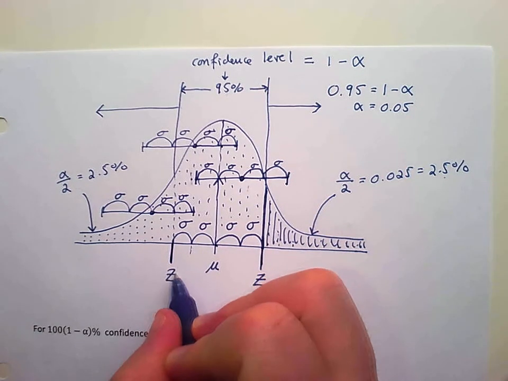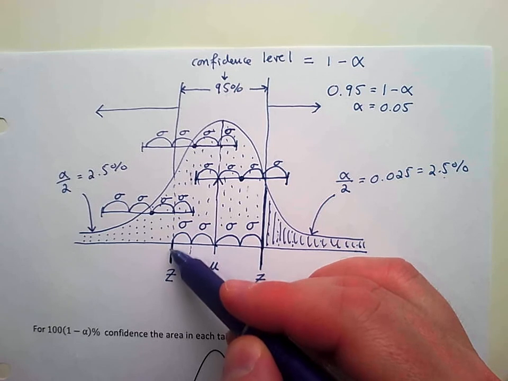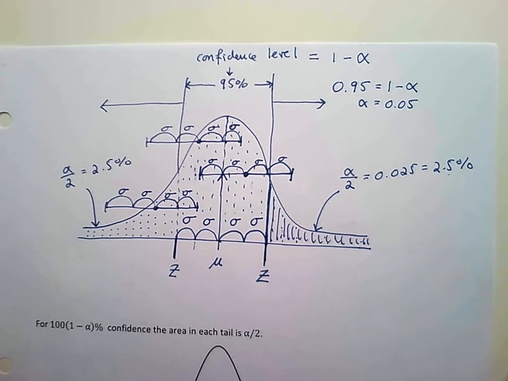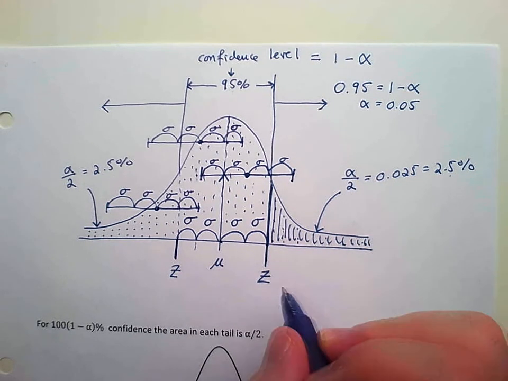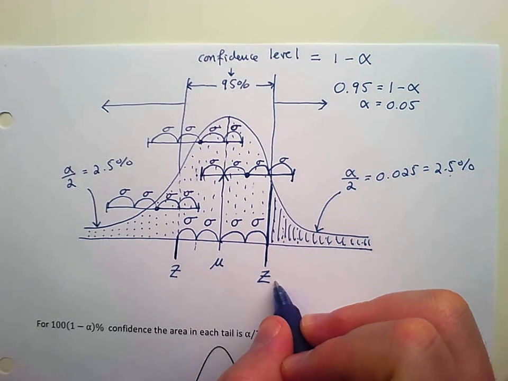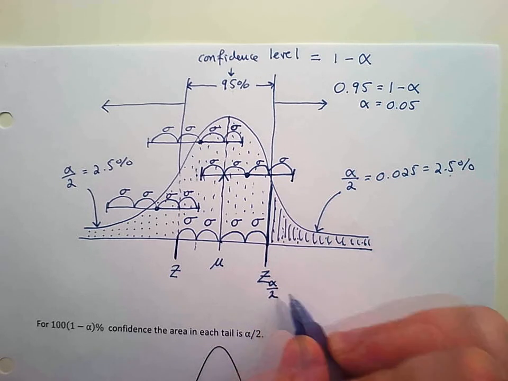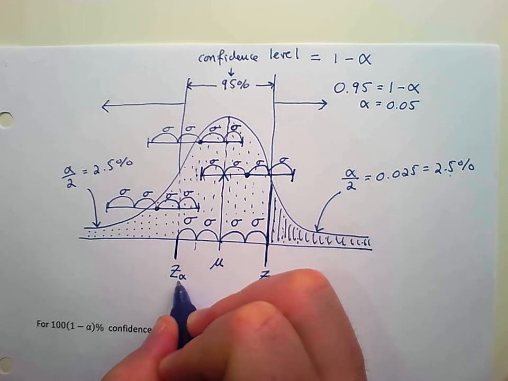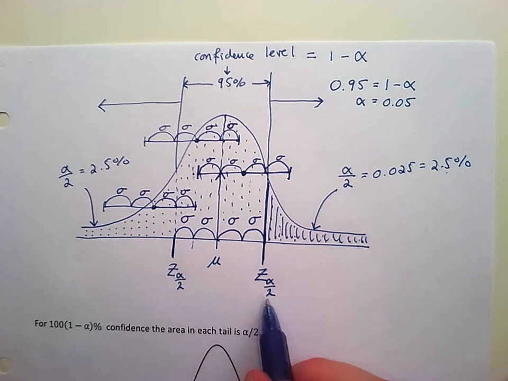We're going to be interested in these z values right here. And because now we're dealing with these z values and we're also looking at these alphas, the notation that we're going to use for these is z sub alpha divided by 2. And I'm hoping now that it makes a little bit of sense where this alpha divided by 2 notation is coming from.